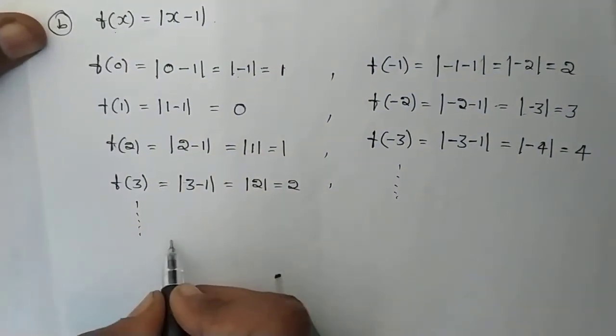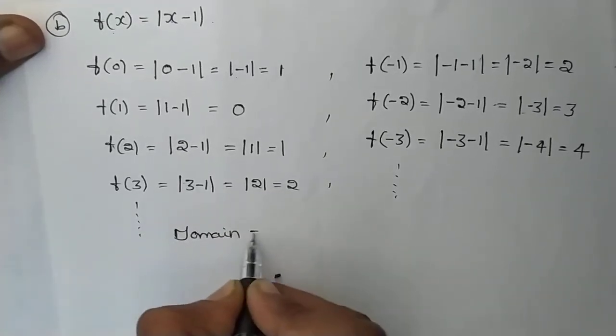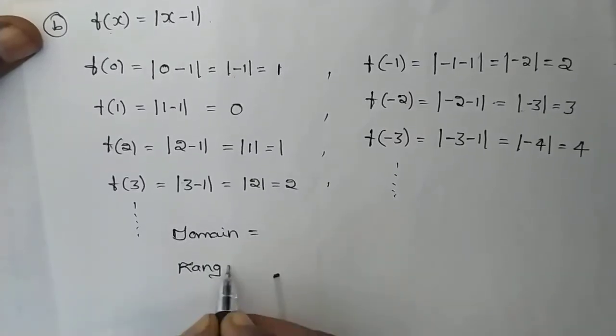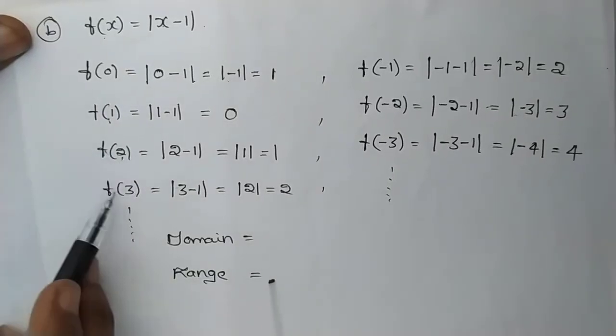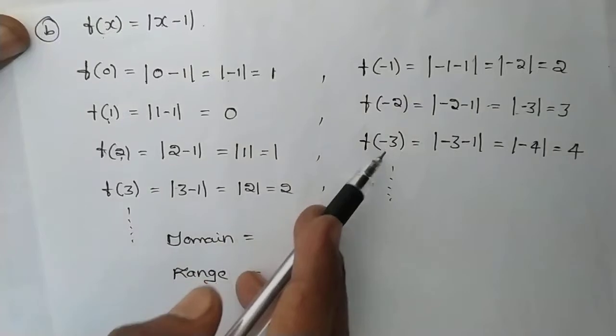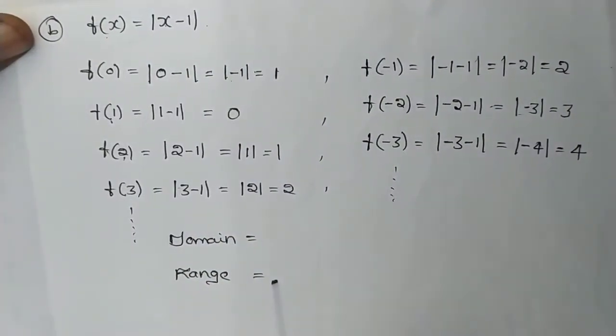You just find out the domain and the range for this function. What about the domain and range for this function? Domain will be real numbers: 0, 1, 2, 3, 4, 5 and so on, minus 1, minus 2, minus 3 and so on.